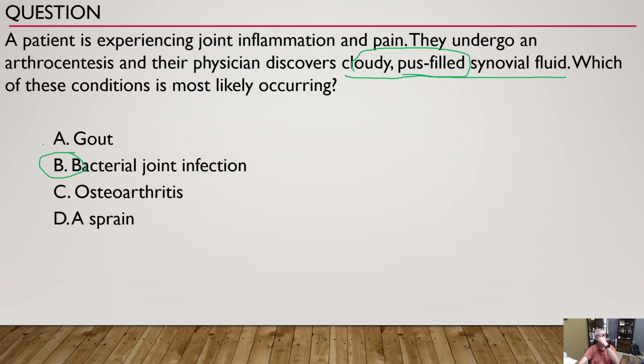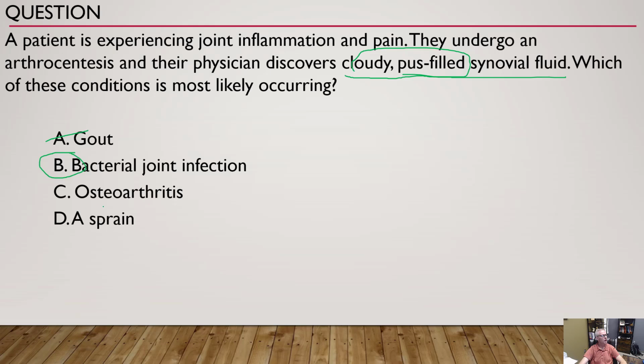Gout, you'll learn later on, you'll see a lot in your toes, and it's a buildup of uric acid crystals, most commonly seen in your toes or your feet.